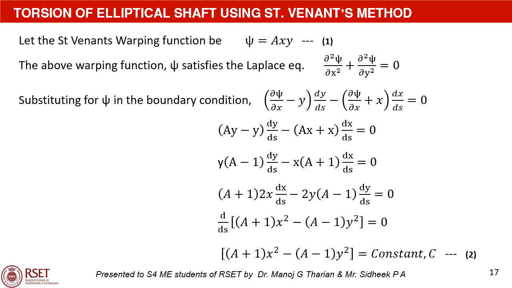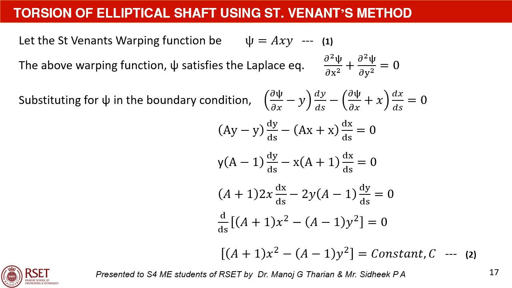Substituting for psi, that is psi equal to A into xy, we get (A y minus y) into dy by ds minus (A x plus x) into dx by ds equal to 0, which gives y into (A minus 1) into dy by ds minus x into (A plus 1) into dx by ds equal to 0. Multiplying all the terms by 2, we get (A plus 1) into 2x into dx by ds minus 2y into (A minus 1) into dy by ds equal to 0.